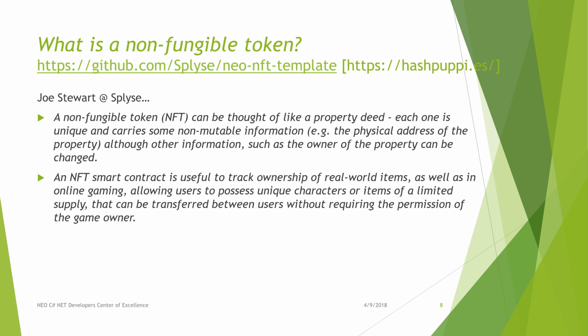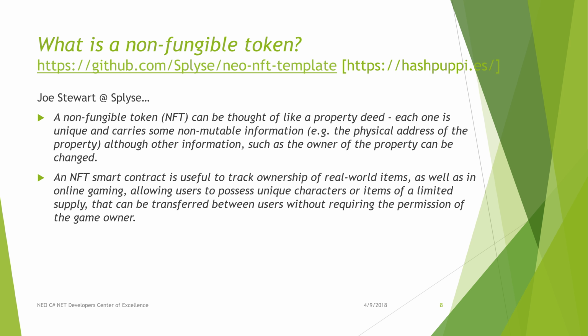So just to drill down a little bit more on what a non-fungible token is and a non-fungible entity. Joe Stewart recently competed in the Microsoft Distributed Application Competition and won a third place prize for the Hush Puppies DApp.